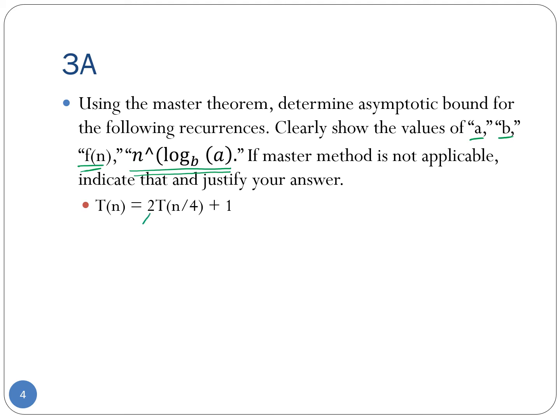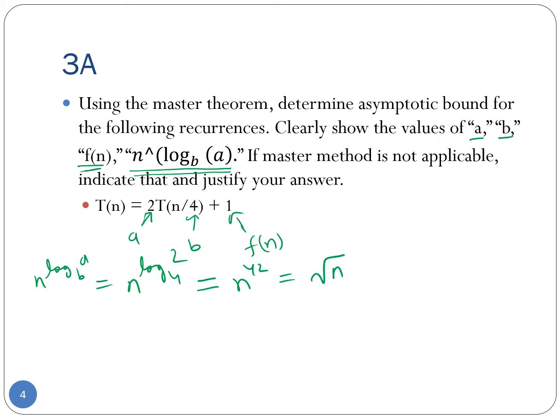Alright, so here this 2 is basically a, this 4 is b, this f of n is basically this constant 1, right? And because a and b are 2 and 4 respectively, n to the power log base b of a is given by n to the power log base 4 of 2, which is basically n to the power half, which is square root n.